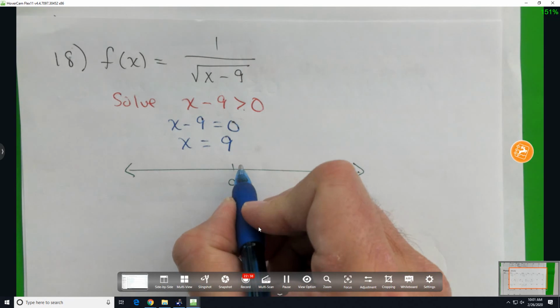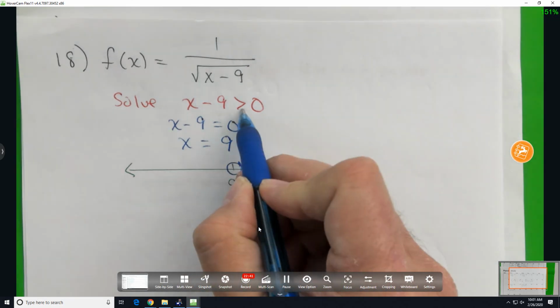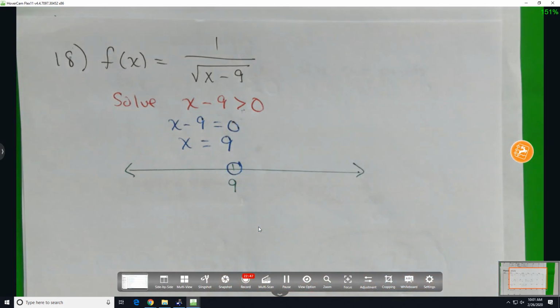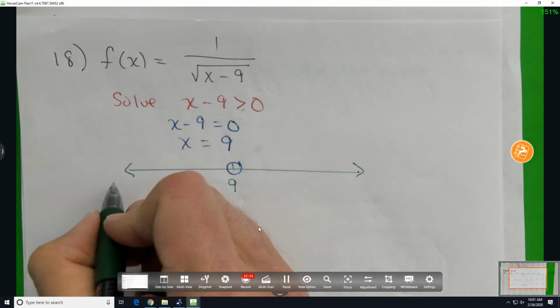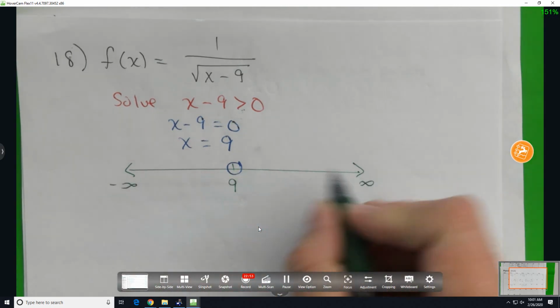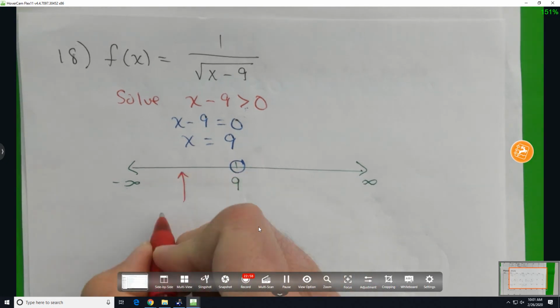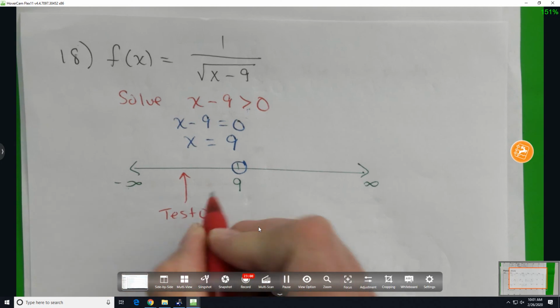You're going to put an open circle because there's not an equal sign on there. And test your interval. Which one do you think I'm going to test? I'm going to test 0, which would be the negative infinity to 9. So right here, testing 0.